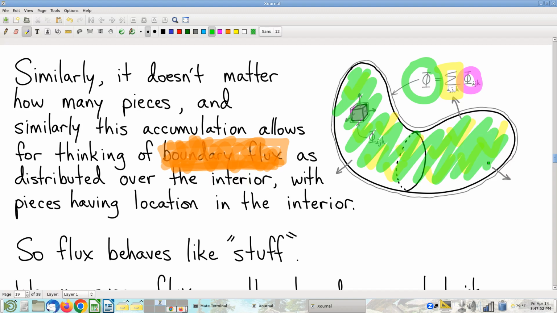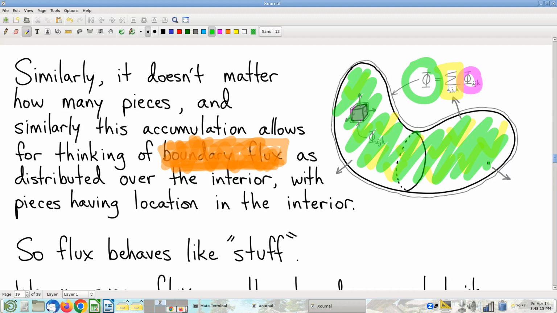Doesn't that really sound like, and behave like, and just smack of stuff distributed throughout the interior, as if it is a physical, concrete kind of material almost? If it were a physical concrete material, it would behave exactly like this.